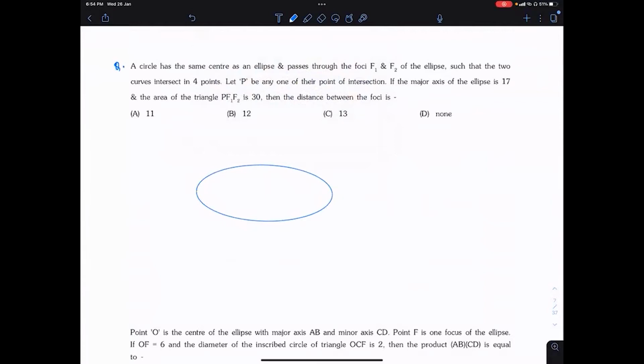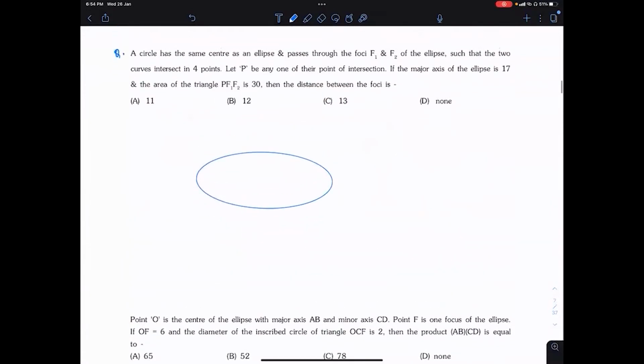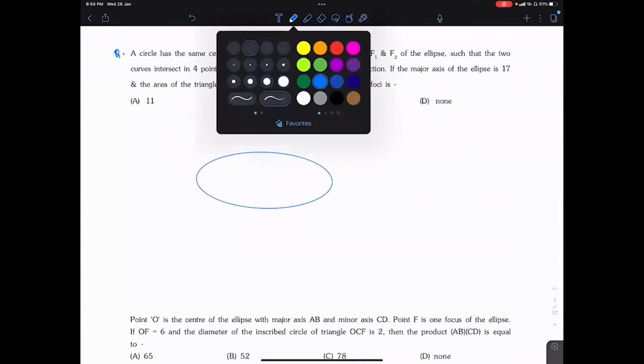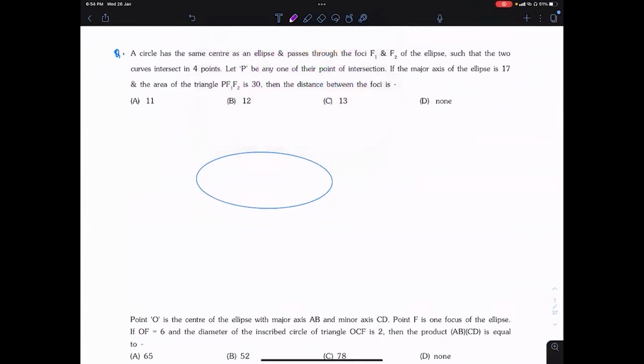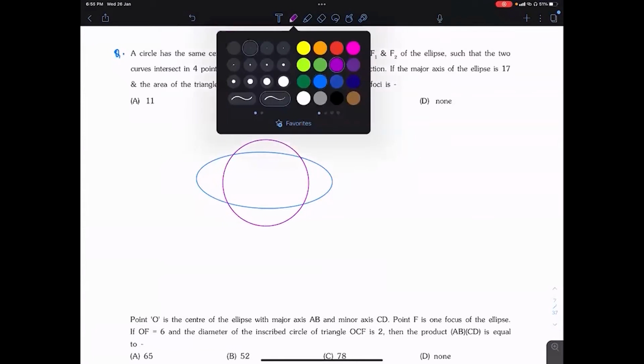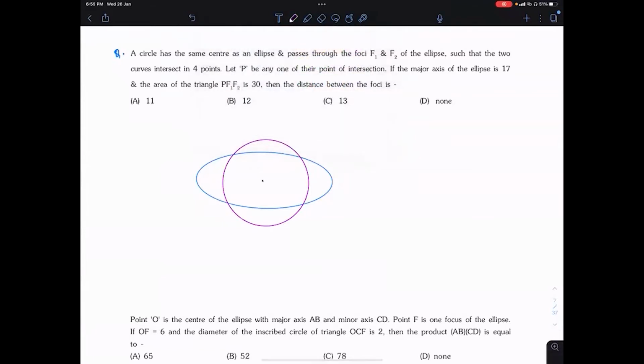Okay. And there is a circle, yeah, like this. And what they are saying is this circle passes through the foci of the ellipse F1 and F2. Okay. And they are intersecting at 4 points. That is what they are saying.